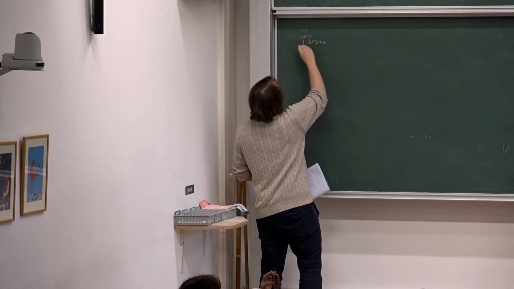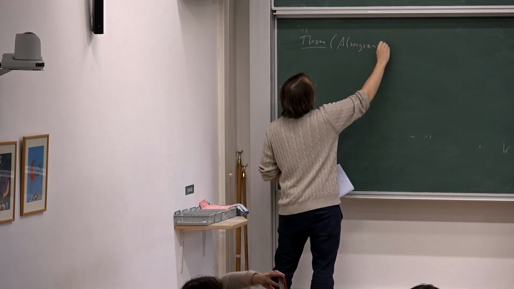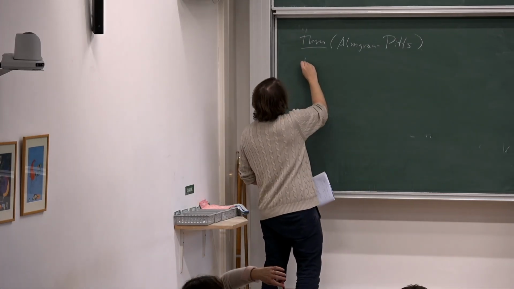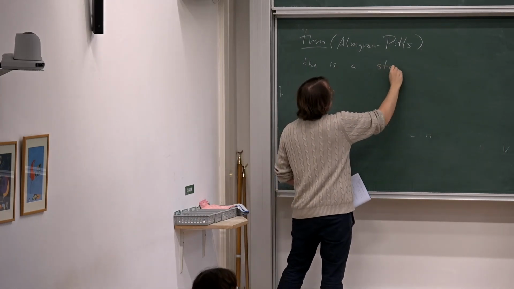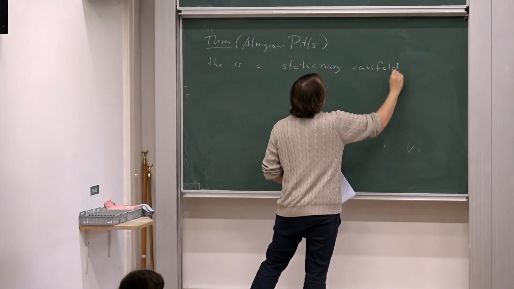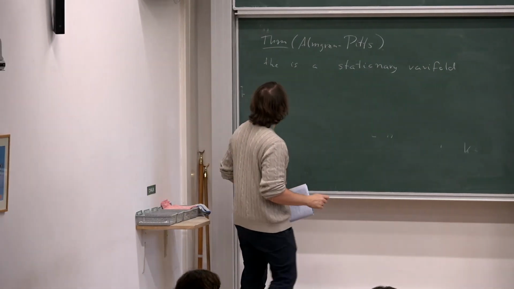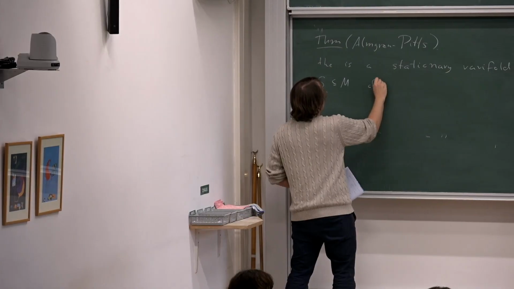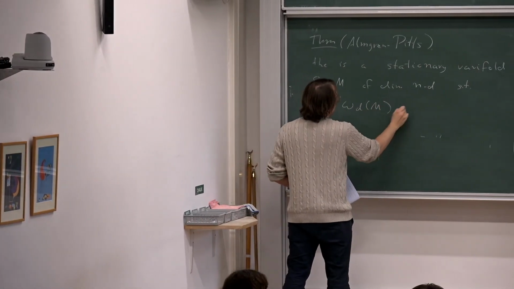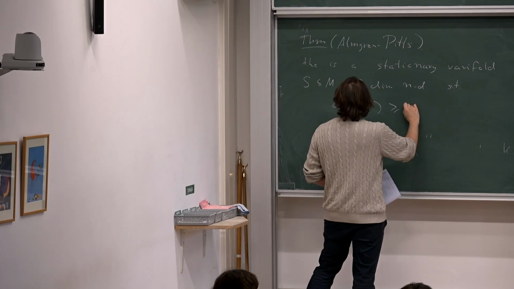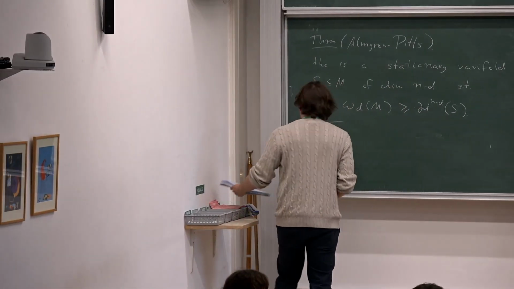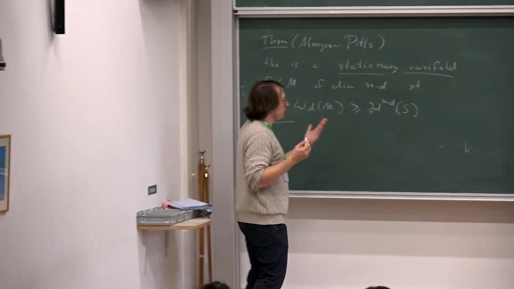So there is a theorem, a very difficult theorem, of Almgren and Pitts, which roughly says that there is, and I'll explain in a moment what it is, but you can think of the stationary varifold just as coming from a bit weirder type of minimal submanifold, S inside M of dimension n minus d, such that the d-waist of M is lower bounded by the n minus d dimensional area of S. And stationary varifold is a generalization of a minimal submanifold.